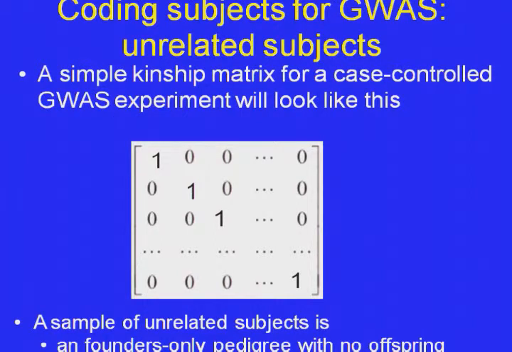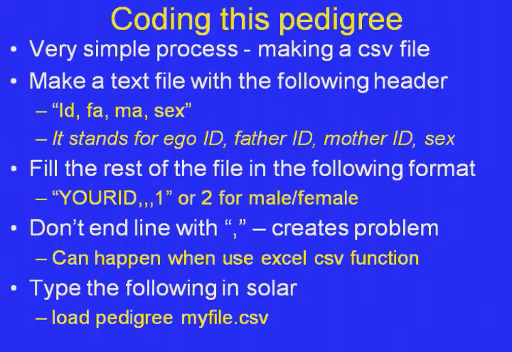Given that most imaging research at the moment involves GWAS, coding the pedigree matrix for unrelated subjects is actually extremely easy. You can do it in about 5 minutes with a simple Excel file and then save it as comma separated values.